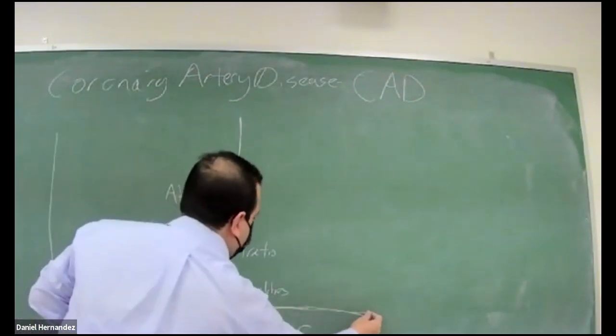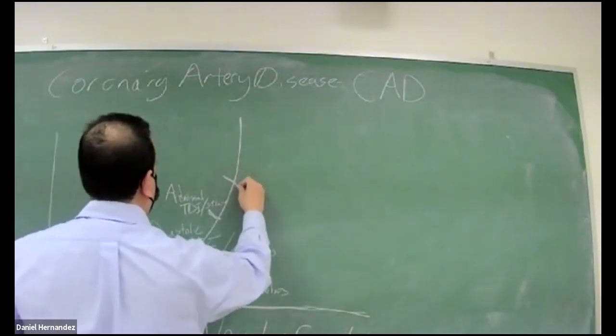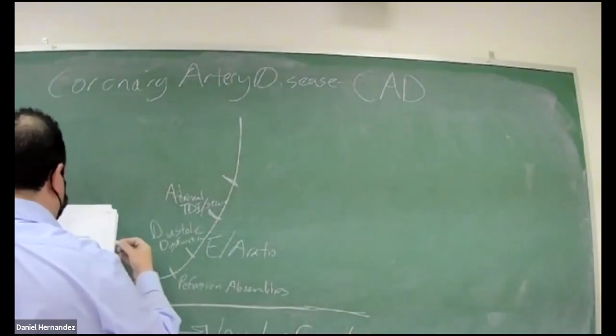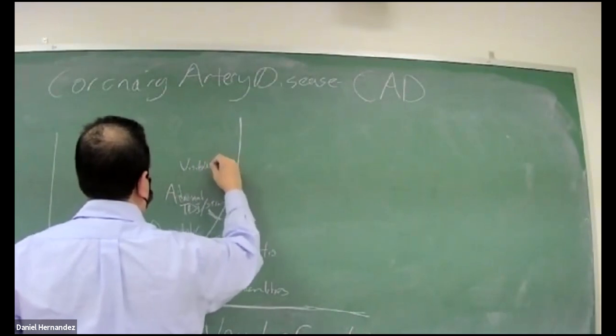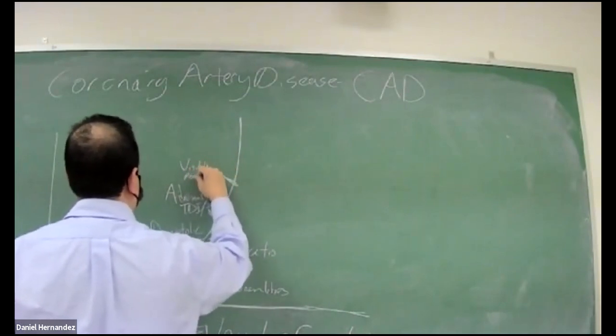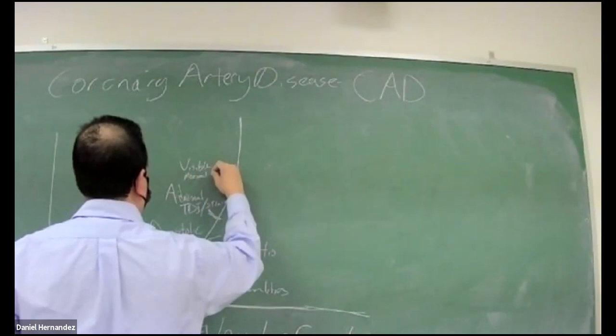And as the level of ischemia continues to increase, the next thing we're going to see is visible abnormal wall motion. Normal wall motion.